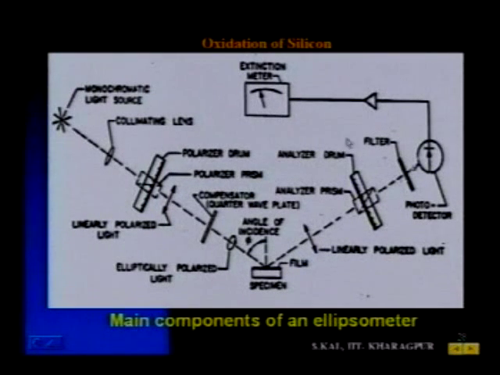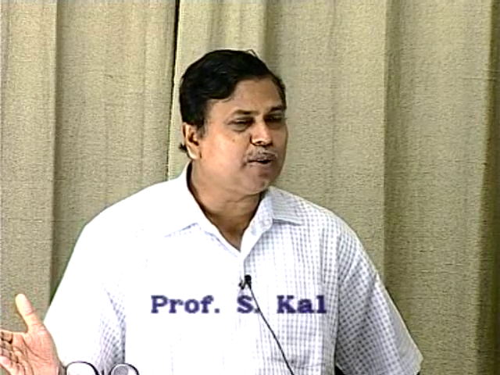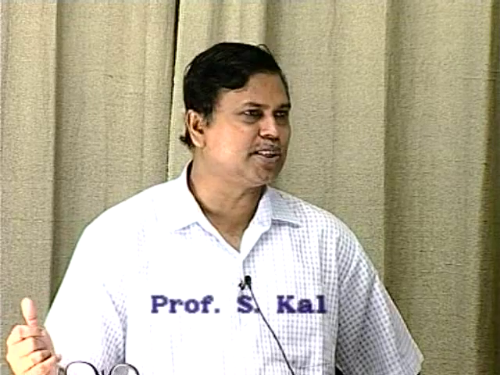So the basic principle of this technique is that after reflection from the silicon dioxide, the plane of polarization changes. How much the polarization plane changes, you have to find from the analyzer and polarizer drum rotation.